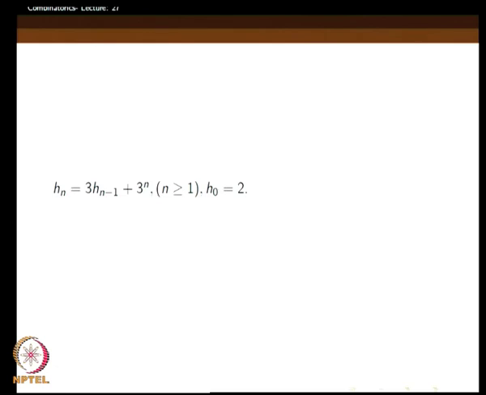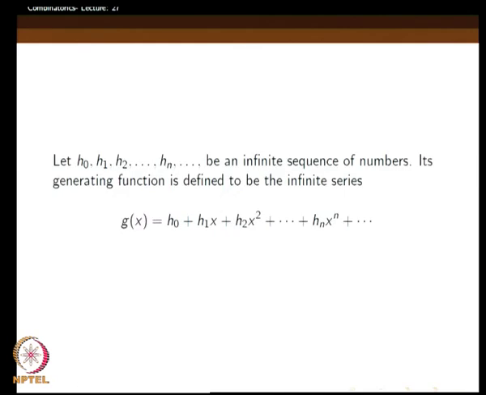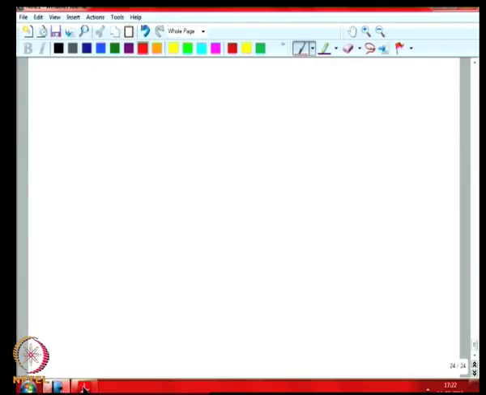So, now what we do is we will look at the next topic, namely generating functions. So, what are these generating functions? Consider a sequence H0, H1, H2, H3 like this.